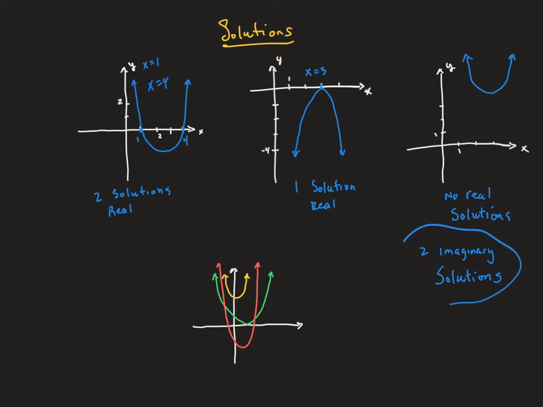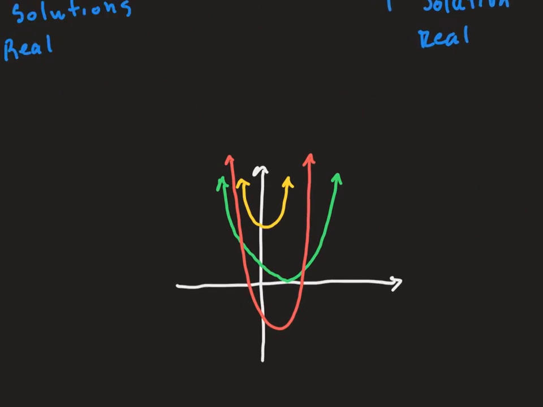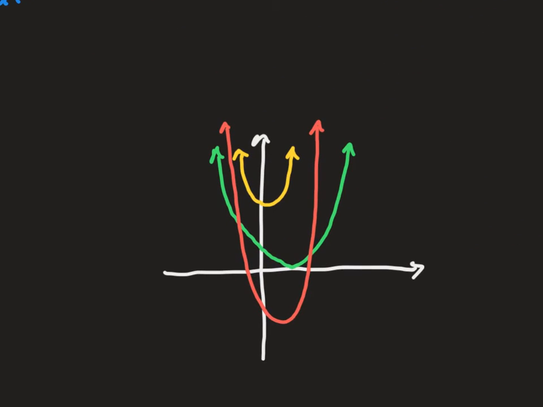And that's really where we're going right now, is that we're able to solve for that now that we couldn't in the past. If I look at this graph down in the bottom, you should be able to say, okay, this green graph touches the x-axis once, so it has one solution.